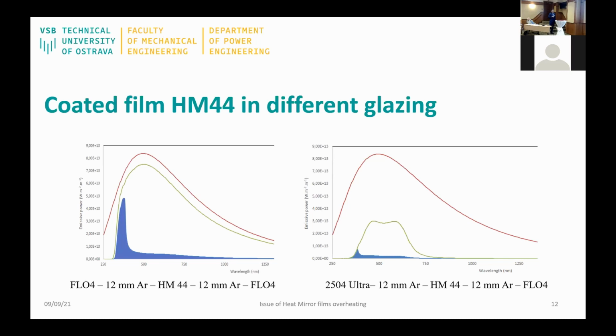The second glazing has coated glass with anti-solar protection layer, and this glass eliminated the ultraviolet fraction of energy, and the heat mirror films don't overheat so much.